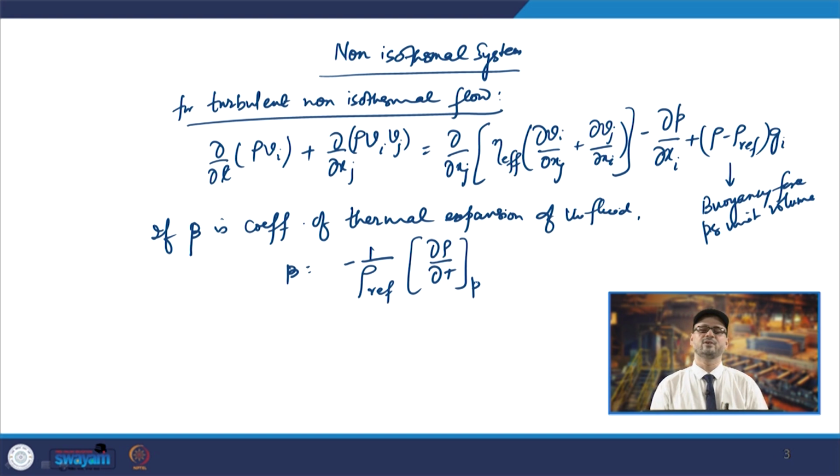So, if you take that density variation to be very small, that will be rho minus rho reference.